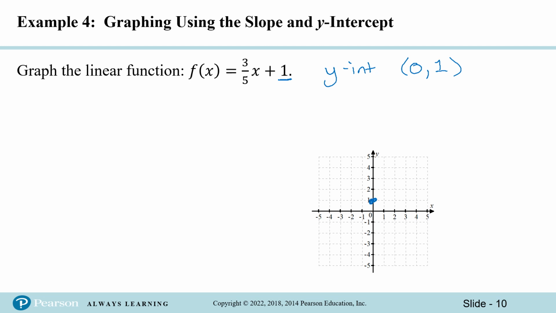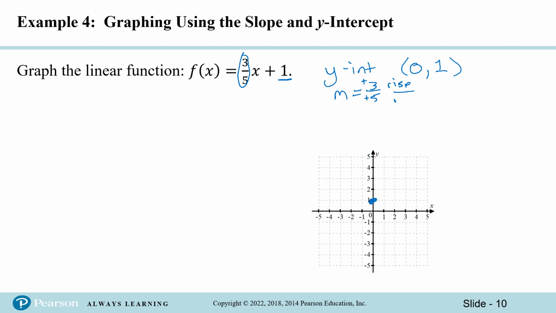Okay, so 0, 1. And then we also need to know the slope. The slope is the number in front of x, which is 3/5. What I like to do is just reinforce that it's a positive 3 over positive 5, because we're going to use rise over run.